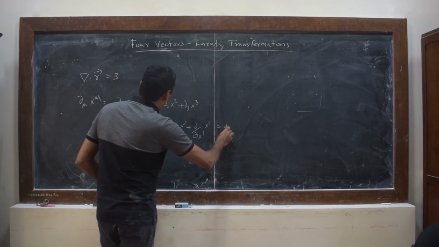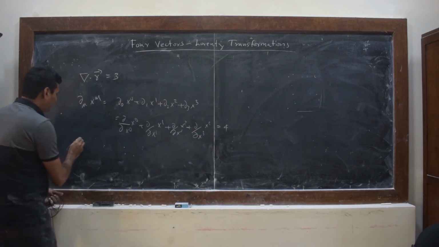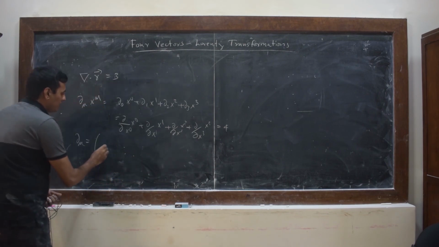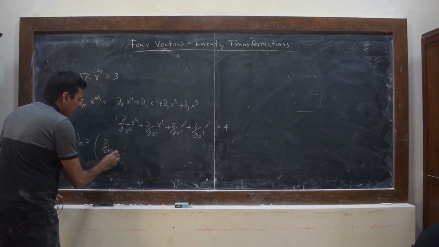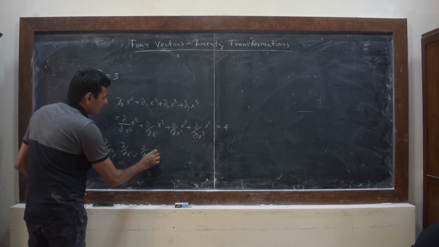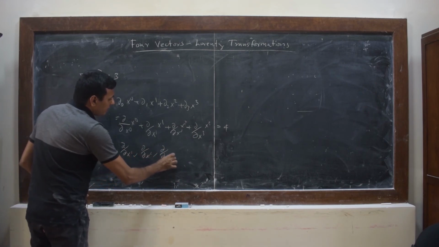So, you will get 4 if your del mu has components del by del x0, del by del x1, del by del x2 and del by del x3, okay.